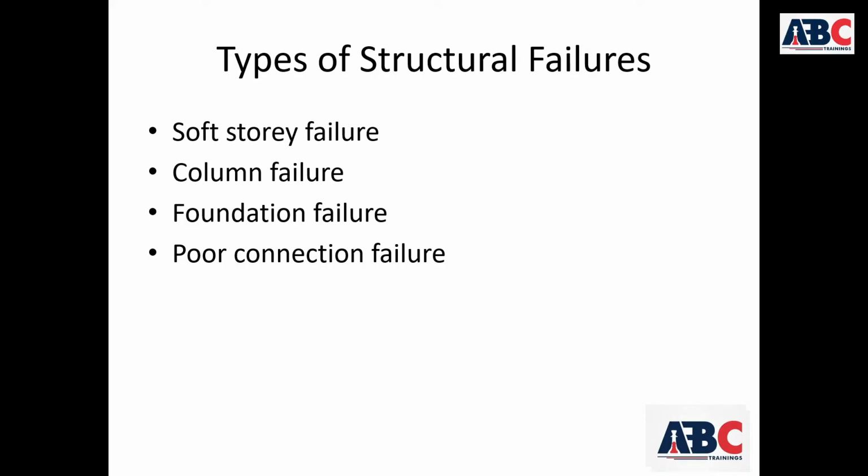The first is soft story failure. This is one of the most dangerous and common types of failure. A soft story failure occurs when one floor, usually the ground floor, has significantly less stiffness compared to the upper floors.